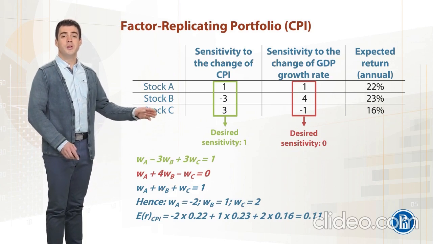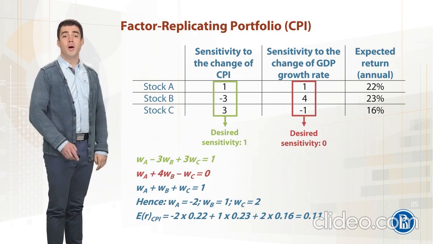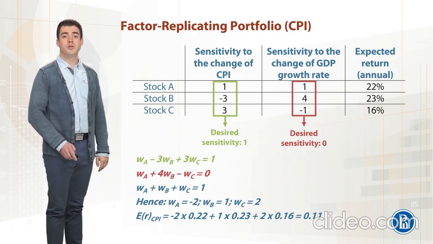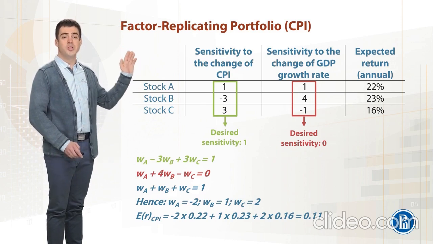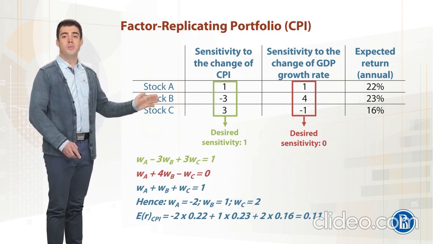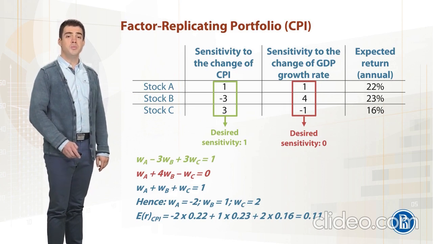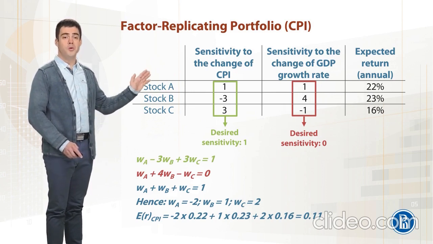For this reason, now we need to make the system of three equations with three unknowns, with the first equation being the one for the target sensitivity to CPI equaling 1, the second one being the equation for target sensitivity to GDP equaling 0.